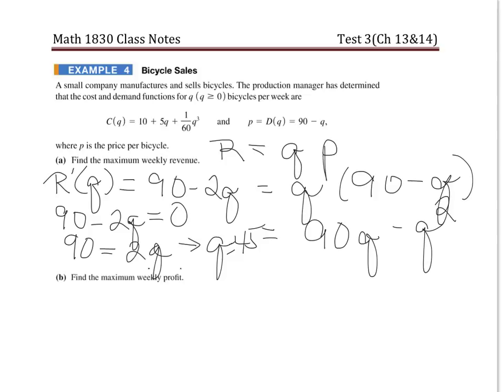And now that we've got the critical number, we need to determine for sure that the derivative actually is at a maximum at that point. So what we're going to do is test a number on both sides.